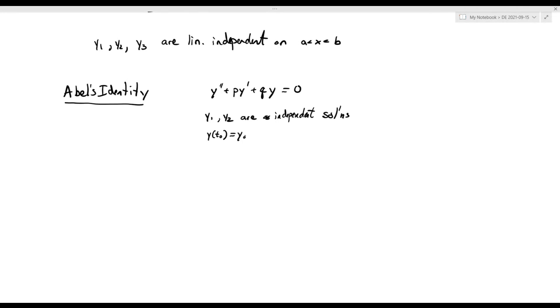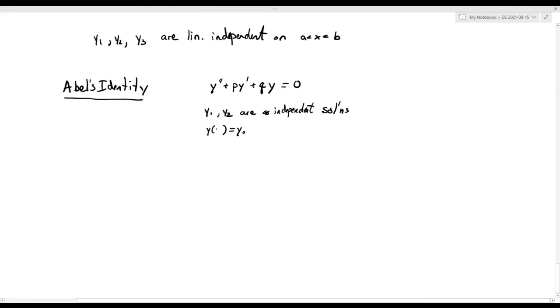So Abel's identity then says, oh, I'll use x because I've been using x for independent variables.